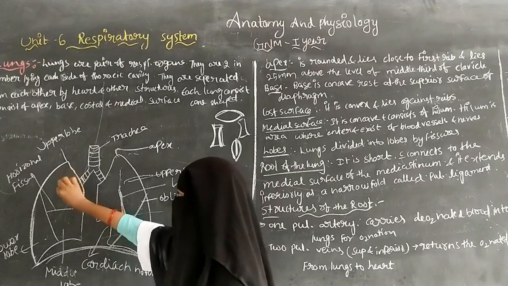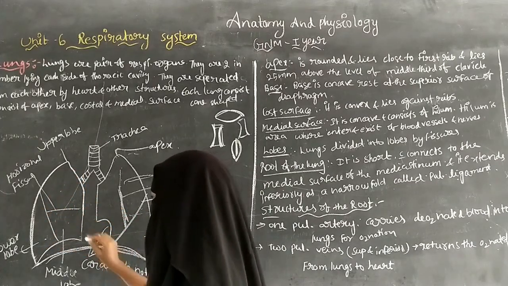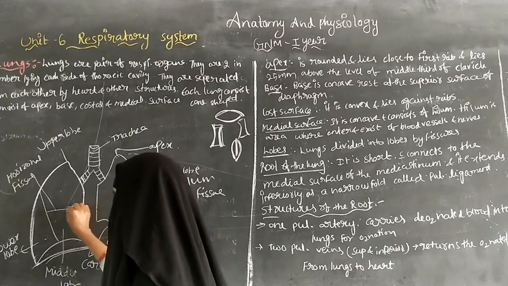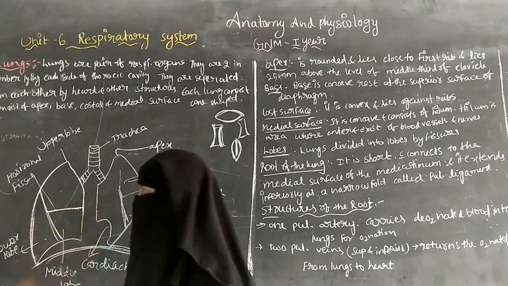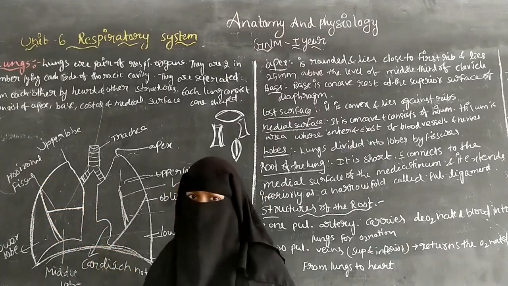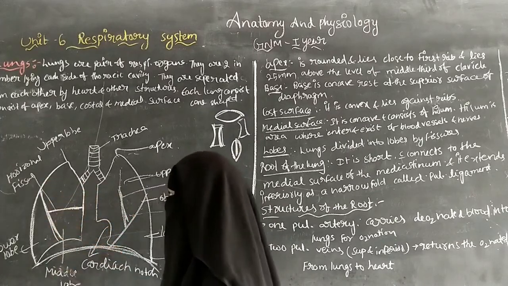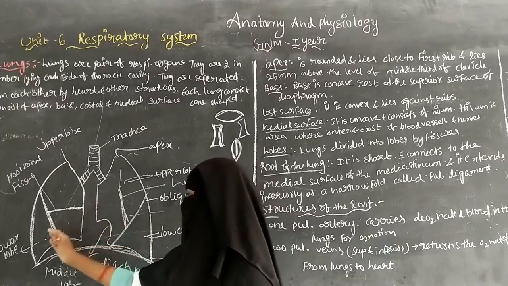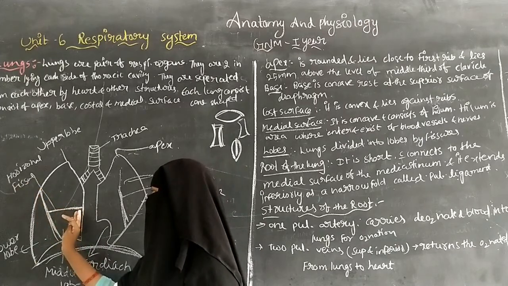In the right lung there are 2 fissures: the horizontal fissure and the oblique fissure. The horizontal fissure is straight and the oblique fissure is curved.